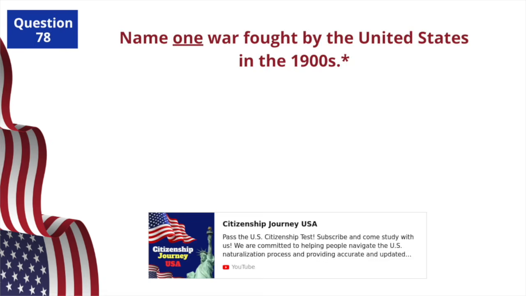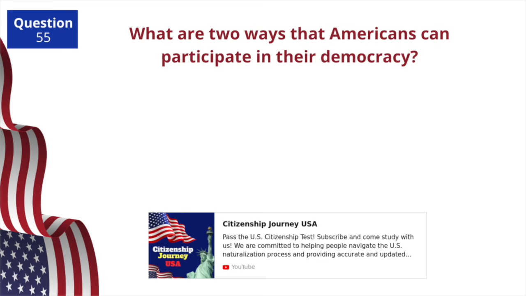Name one war fought by the United States in the 1900s? World War I. What are 2 ways that Americans can participate in their democracy? Vote.